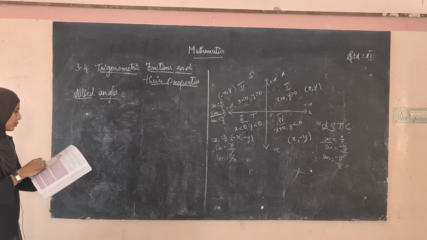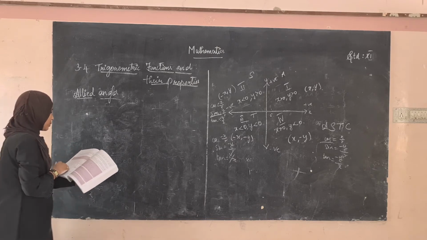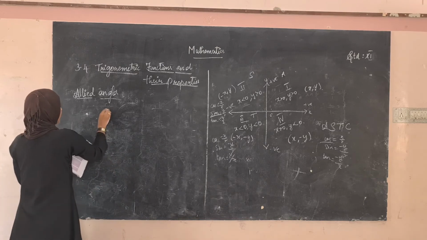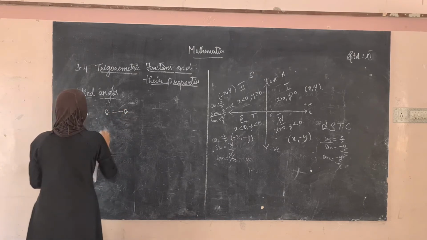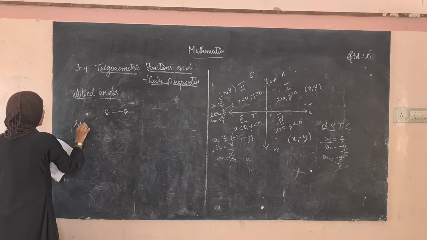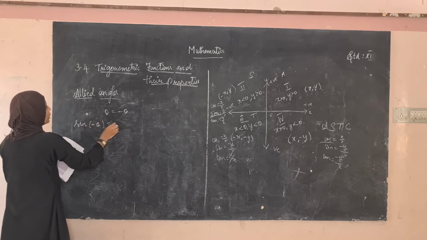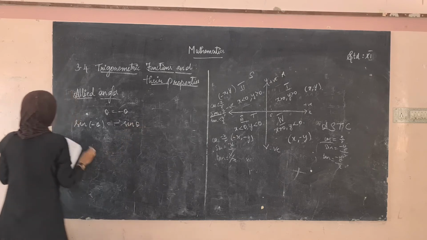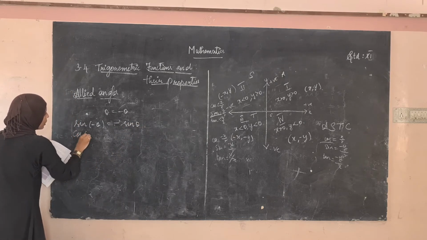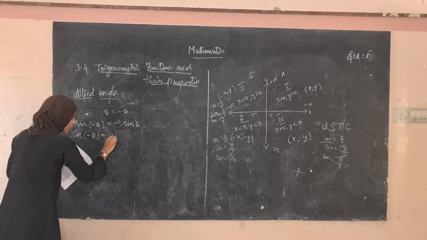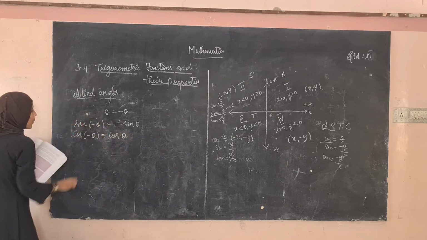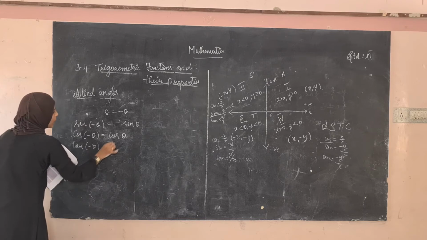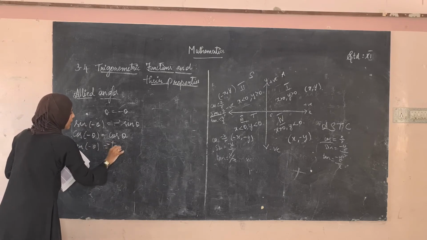Okay, now we are going to get the sign change. That is, instead of theta, we are going to put minus theta. What happens then? Sine of minus theta is equal to minus sine theta. Cos of minus theta is equal to cos theta. Tan of minus theta is equal to minus tan theta.